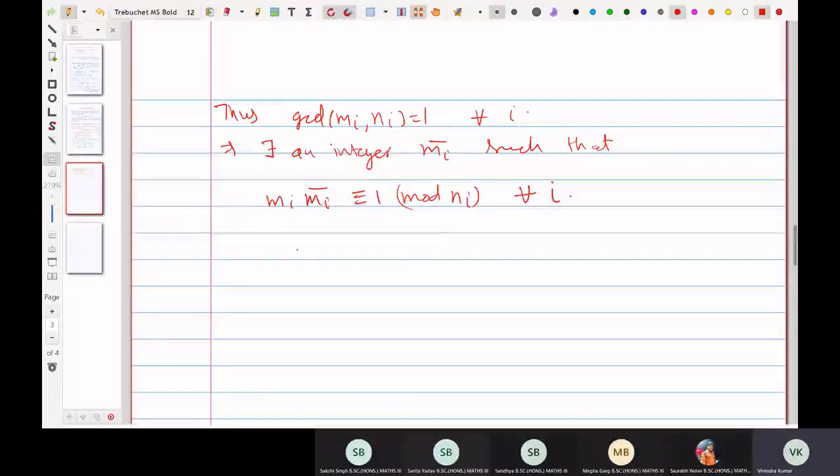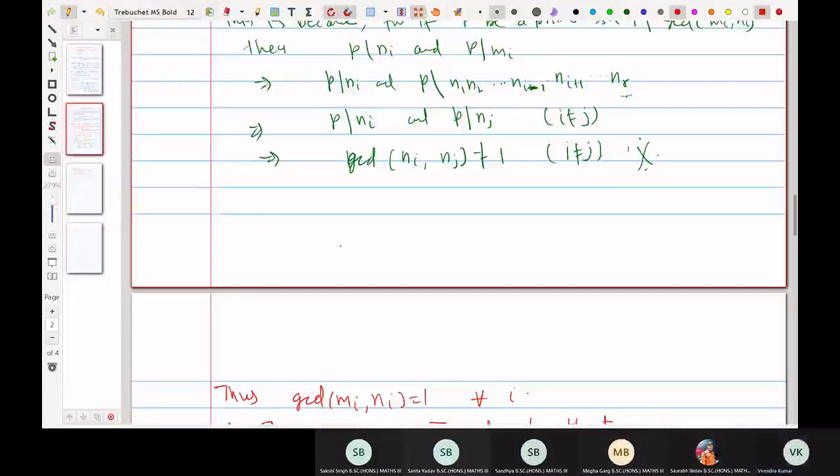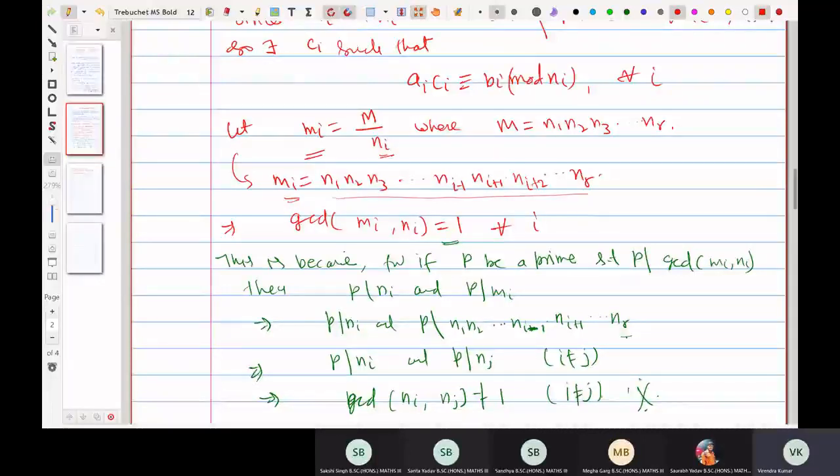All right. So now consider, you know that we have constructed this m_i equal to capital M divided by n_i. And now we are looking for the inverse of this.